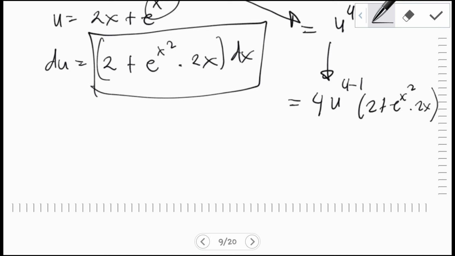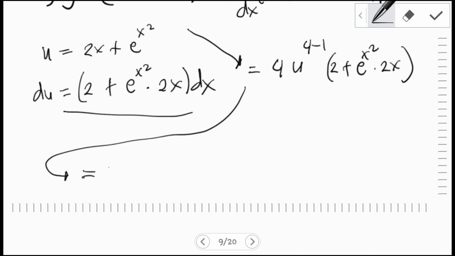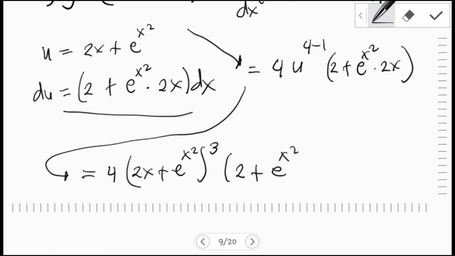Okay, so that is our du over dx. Okay, so simplify. So 4, write the equivalent of u, that is 2x plus e to the power x squared. Okay, then to the power 4 minus 1, that is 3. Okay, times the 2 plus e to the power x squared times 2x.